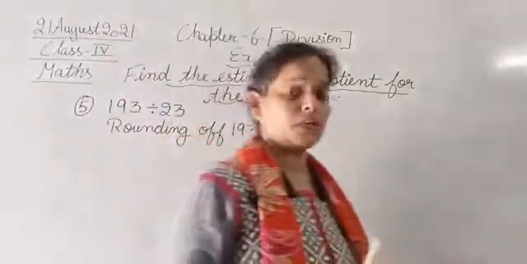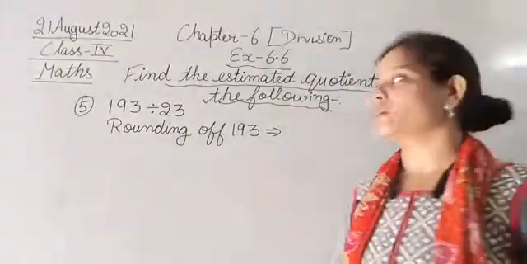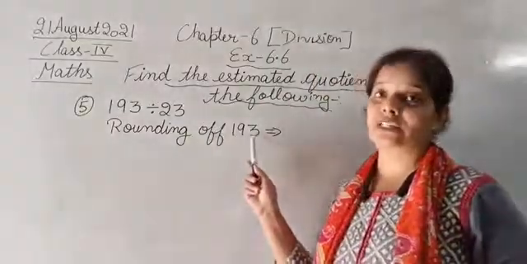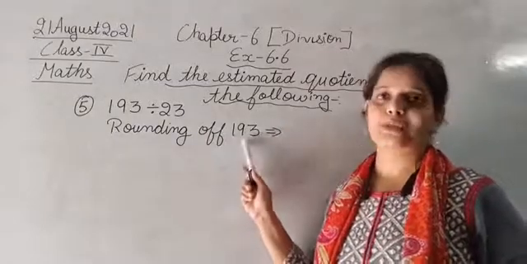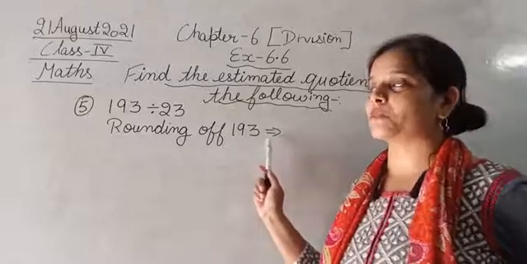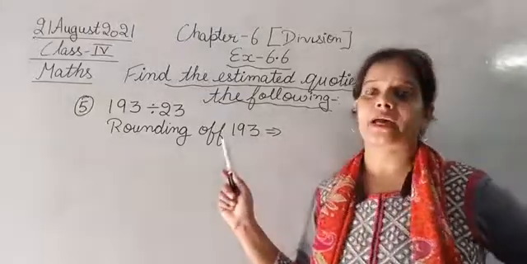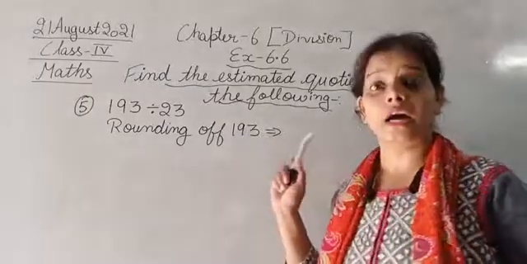So how will we solve it? 193 is a 3-digit number, so its highest place value is 100. So we will round off the number to the nearest 100.